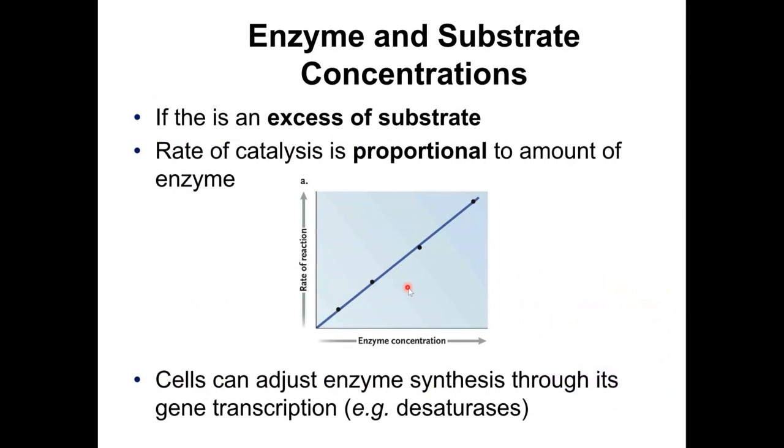Well, you can see how cells can use, for example, the amount of enzyme expressed. You can have more enzyme expressed to make more product, or produce less and you have less product formed. You can control how fast the rate of the reaction is by just expressing more or less enzyme. Remember, for example, desaturases. We talked about those enzymes that convert saturated fatty acids into unsaturated fatty acids, and how they are expressed depending on the temperature.